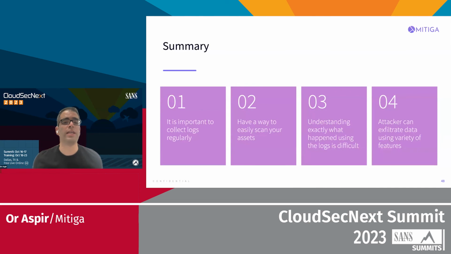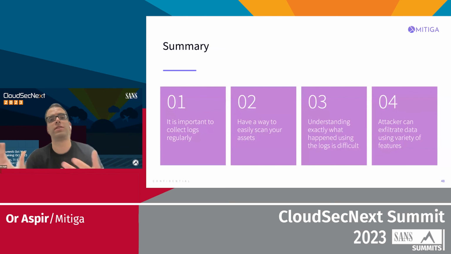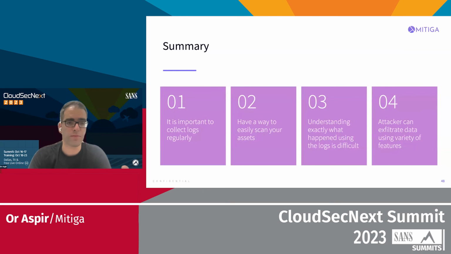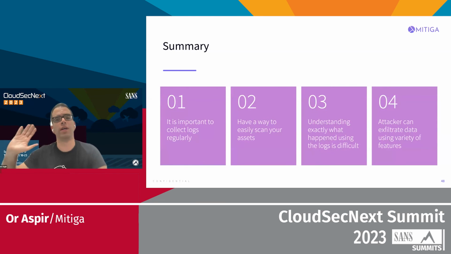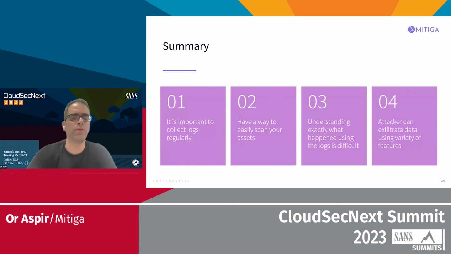The first part is that it's important to proactively collect those logs regularly. As I told you in the beginning of the lecture, not all the logs are enabled by default, and you have default retention for every log. So if you want bigger retention, if you want to investigate better, if you want to send it to a SIEM, you need to check which logs are enabled and route them using something called a GCP sink to a different destination, such as buckets, or even using Pub/Sub to transfer it to SIEMs, or even BigQuery.